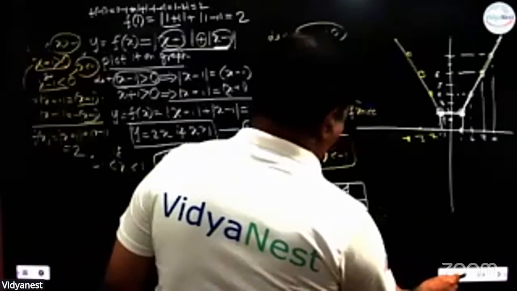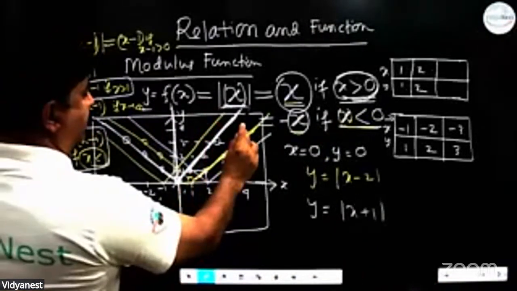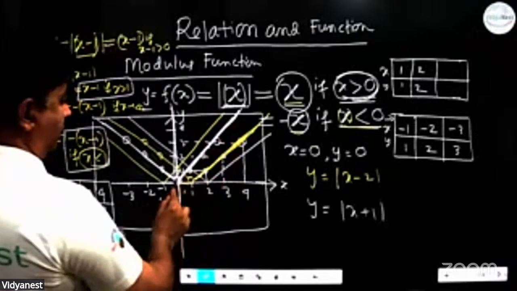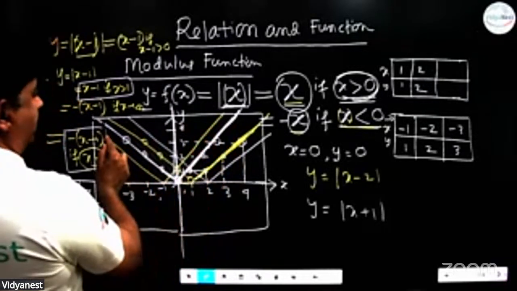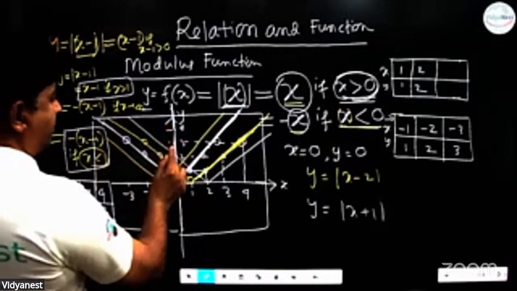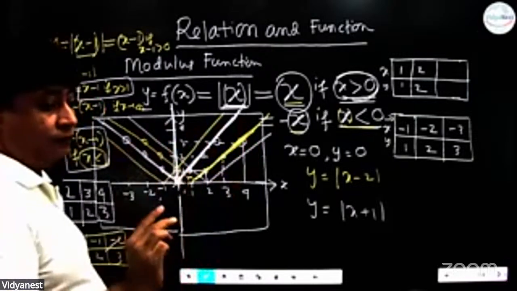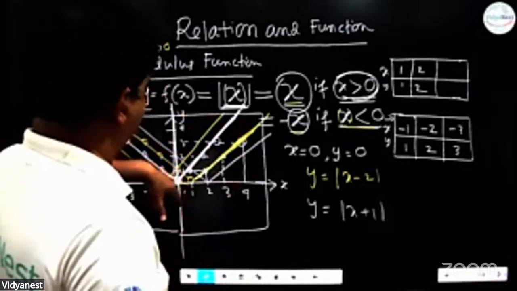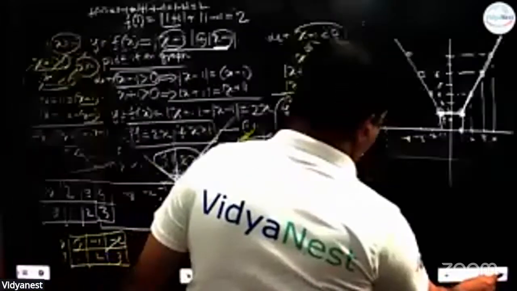We are already taught that if mod x is given, then the image or symmetry will be drawn with respect to the y-axis. Always remember the trick. But if mod y is given, then with respect to the x-axis. So always keep this thing in mind.